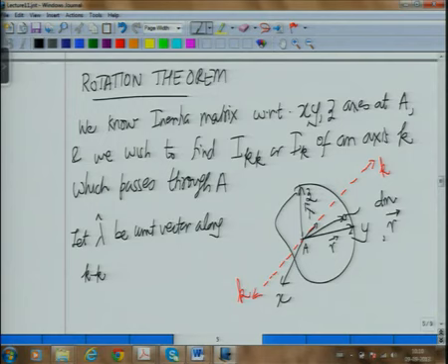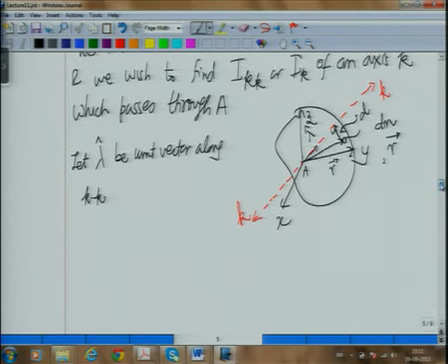If I drop a perpendicular from here and let this distance be d, then dm multiplied by d squared integrated over the entire body will give me I_k. Okay. So I_k will be equal to the integral of d squared dm.